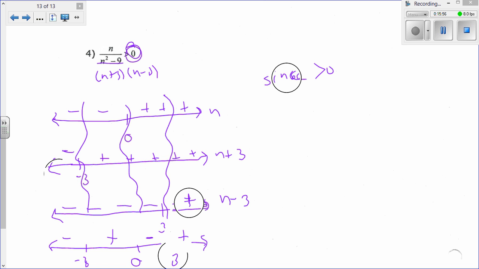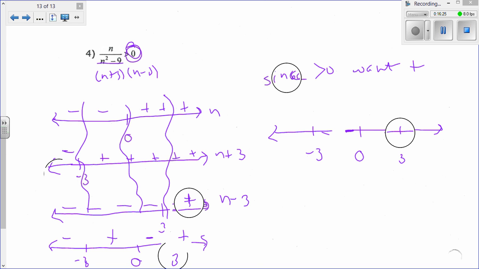Since it's greater than 0, I have to find positives. All right, greater than 0, we're looking for our positives.